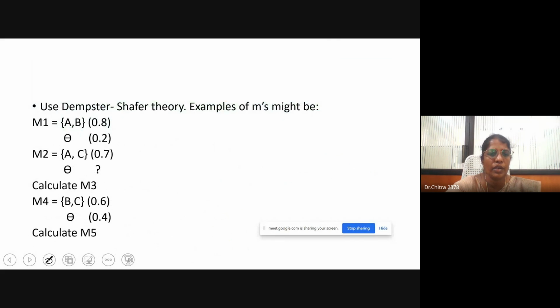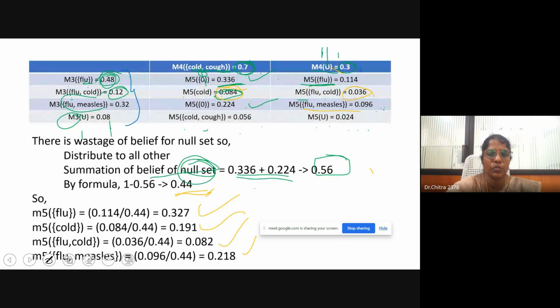From this, we can conclude that the value is high for flu. So flu is the belief. For this data set, flu will be there. But we are introducing a new factor, sneezing. Will sneezing affect the flu?